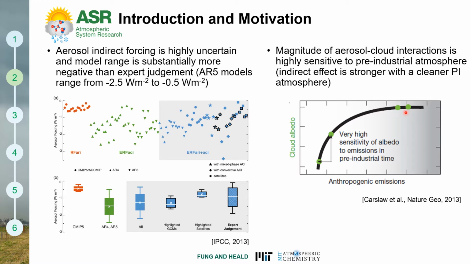So in the case of having a very pristine pre-industrial, you will have a much larger response, for example, in cloud albedo, to the same increase in anthropogenic emissions compared to if that increase in anthropogenic emissions was added to a more polluted pre-industrial atmosphere. And so this motivates developing a better understanding of aerosol formation in the pre-industrial.